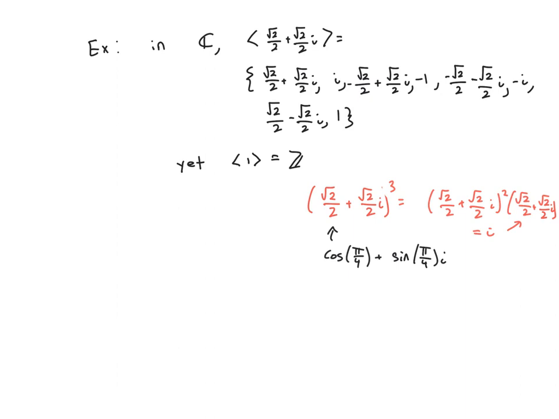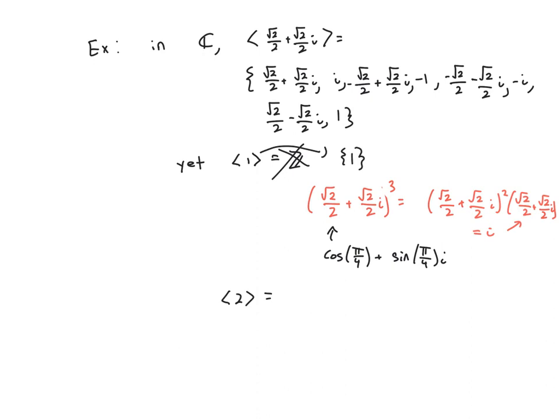On the other hand, if you look at the cyclic subgroup generated by 1 in C, oh, I should have been careful. We're working with respect to multiplication, right? That's not true, is it? If you're only multiplying, you're only going to get 1. I guess a better example would have been to look at, say, 2.